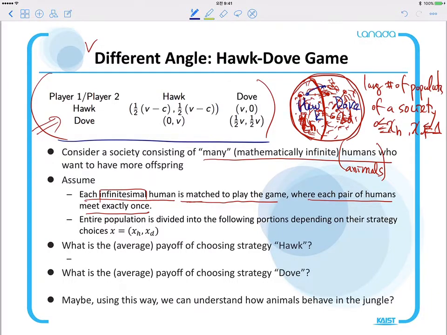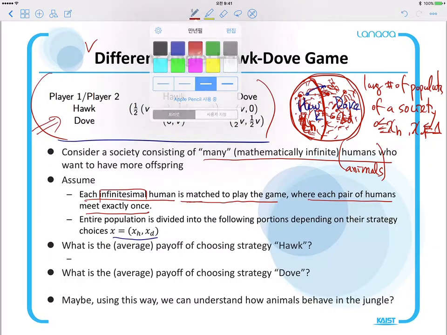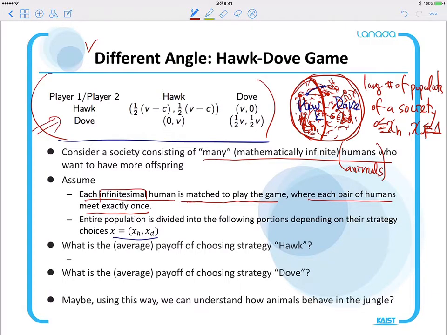Then, as I mentioned before, what is the average payoff of choosing strategy hawk for a particular individual? So here, forget about player 1 and player 2.